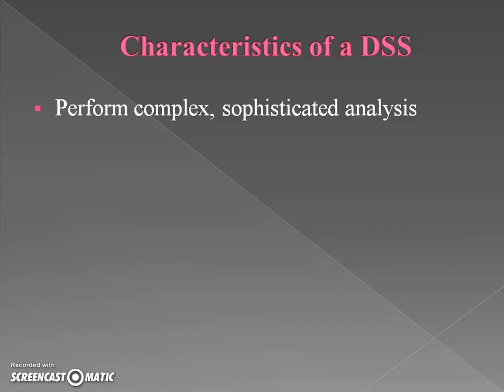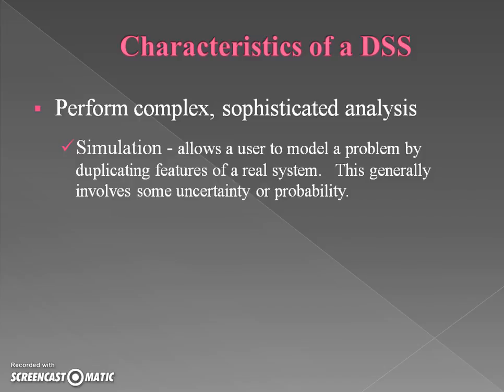Characteristics of a DSS, continued. It performs complex, sophisticated analysis such as simulations, where a user is allowed to model a problem by duplicating features of a real system. This generally involves some uncertainty or probability.